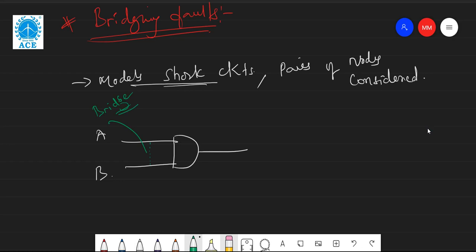Due to defects, both are connected, so it forms a bridge. For example, if I take the truth table for this, with A, B and Z as my output, then Z correct and Z actual.